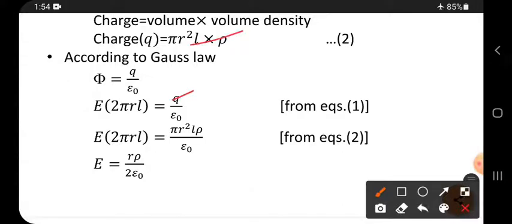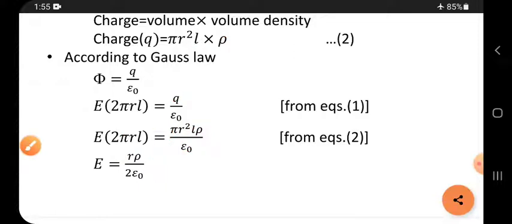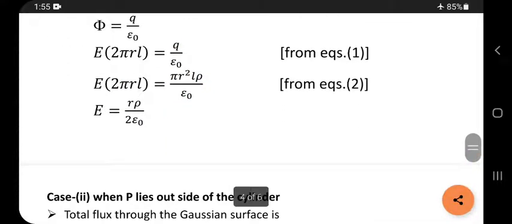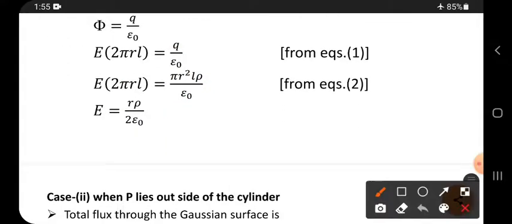Then pi cancels, r square with r cancels, L cancels, and E equals r rho by 2 epsilon naught. So finally we got E as r rho by 2 epsilon naught. This is the electric field when a point is kept inside the cylinder.